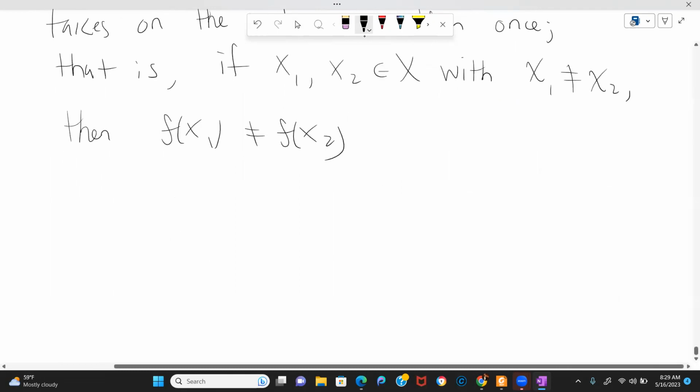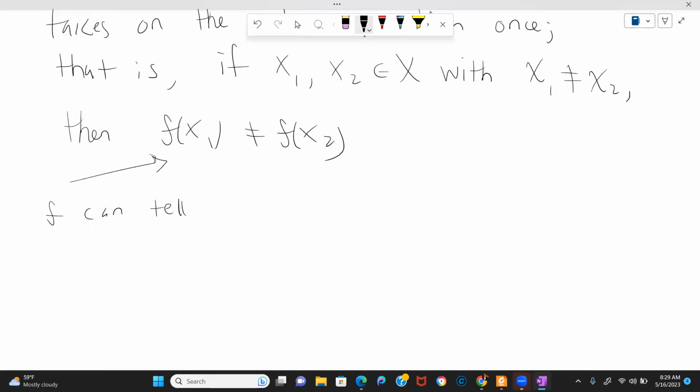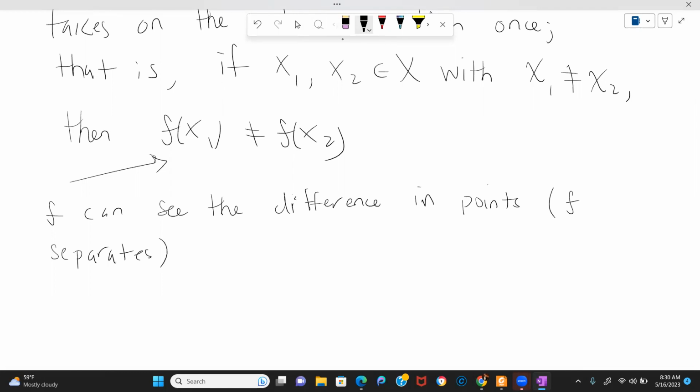It can separate points. Another way we say this is that f separates points. If they're distinct, then their outputs will be distinct as well.